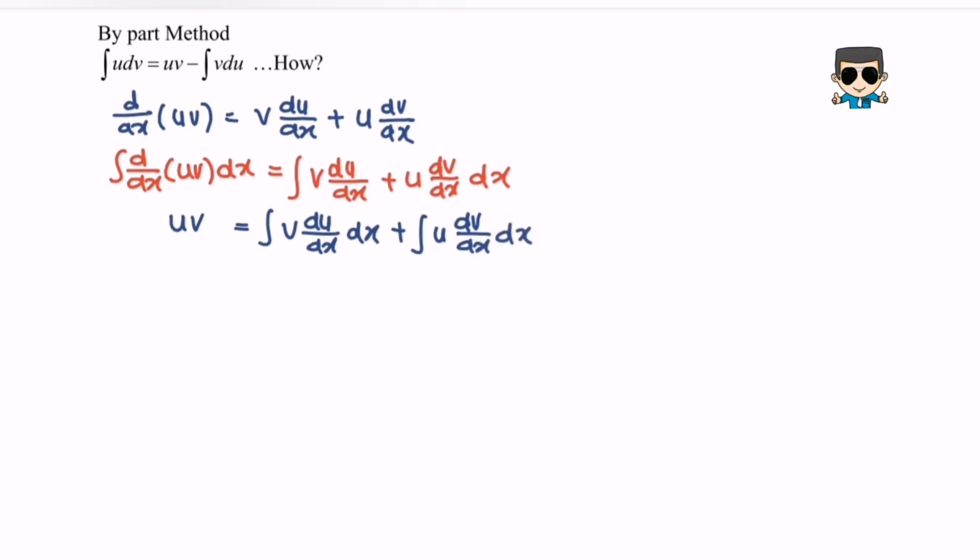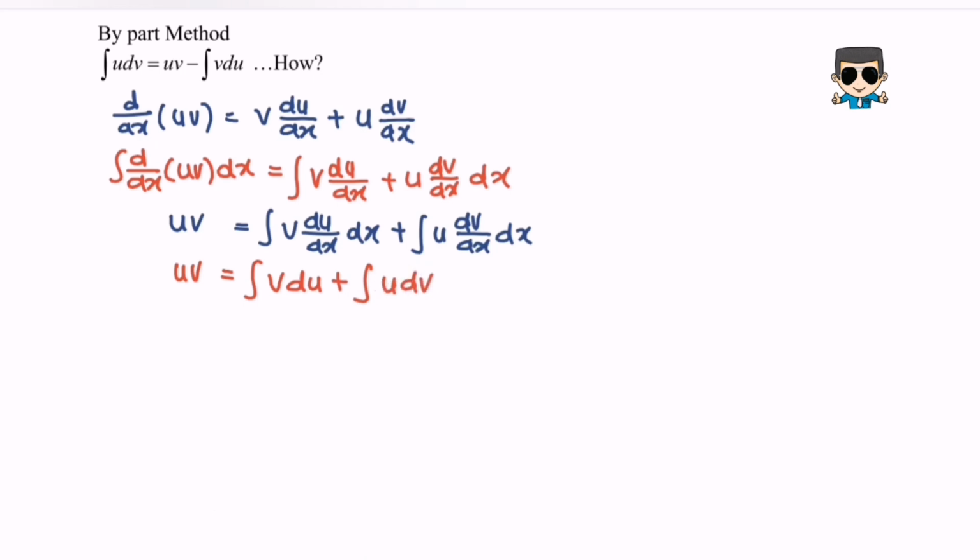Simplify the situation and we will have uv equals to integrate v du plus integrate u dv.